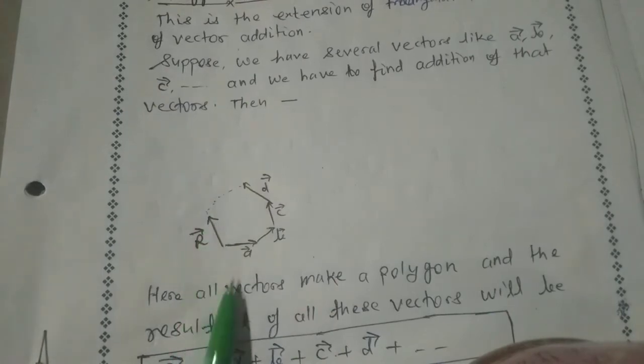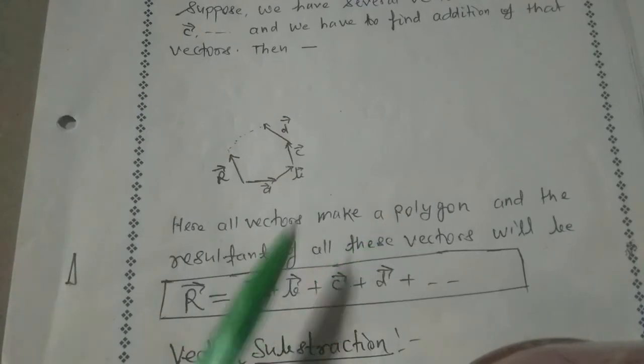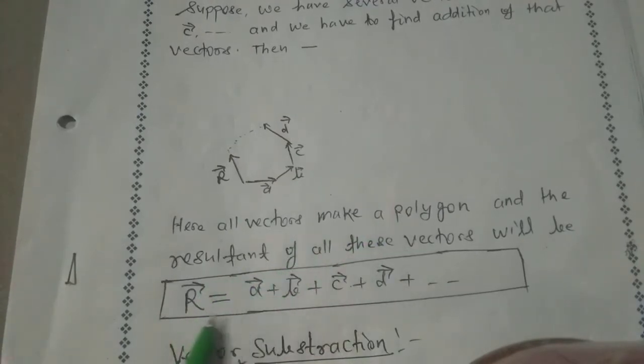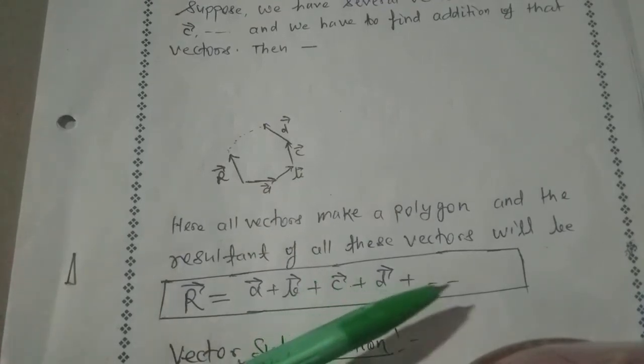The resultant of all these vectors will be vector R. So for the polygon method, all the vectors make a polygon, and the resultant R is equal to vector A plus vector B plus vector C plus vector D and so on.